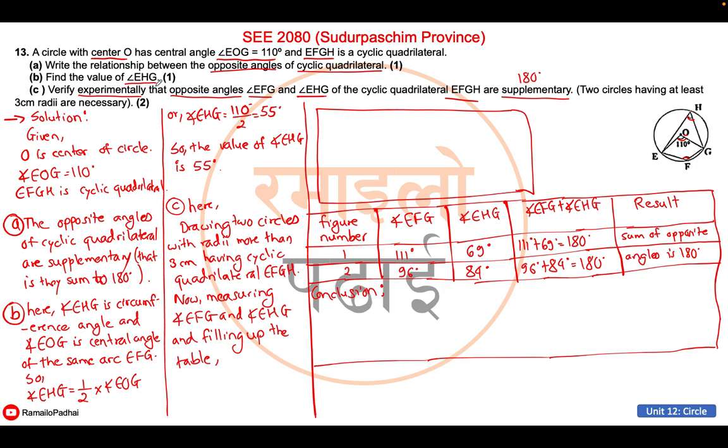And in conclusion, we write the statement given in the question: the opposite angles, angle EFG and angle EHG of the cyclic quadrilateral EFGH, are supplementary.